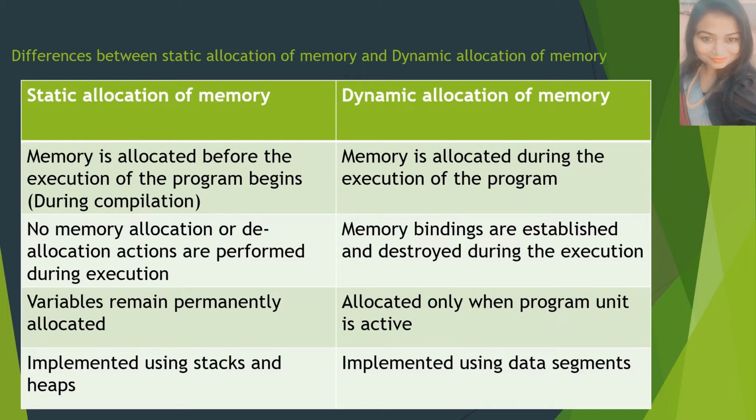The first difference is that memory is allocated before the execution of the program begins. That is, we can call it compilation time. Then, in the case of the dynamic allocation of memory, memory is allocated during the execution of the program.